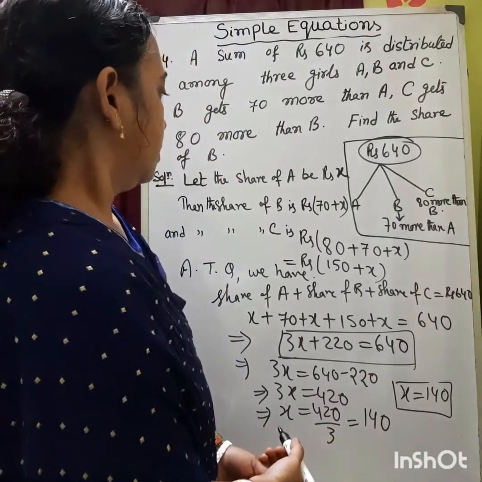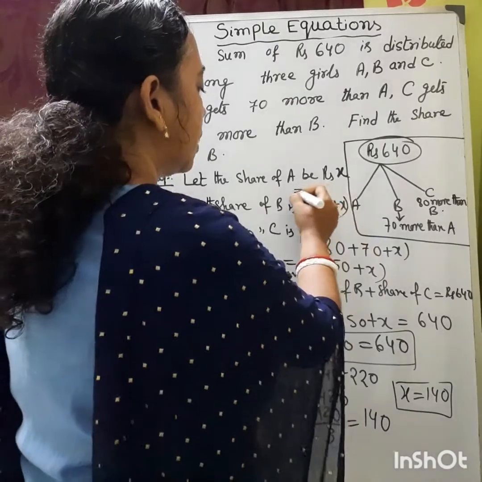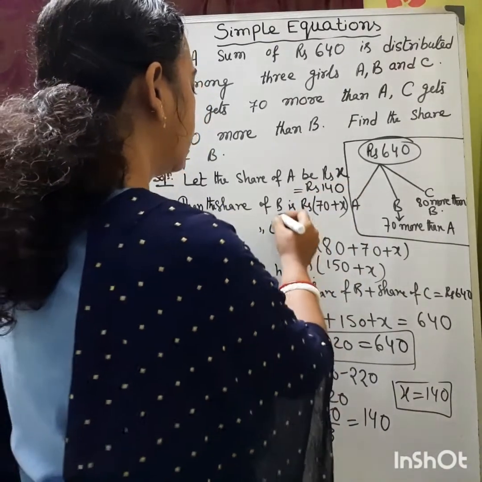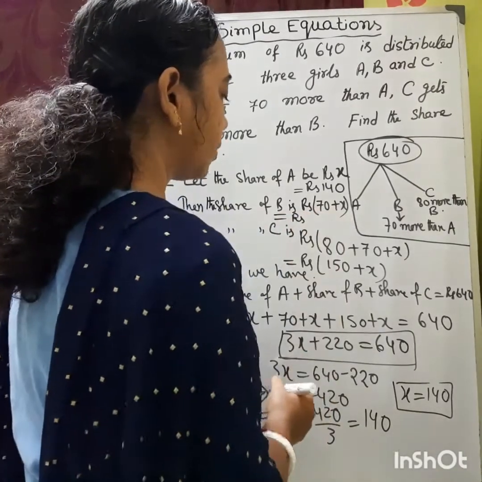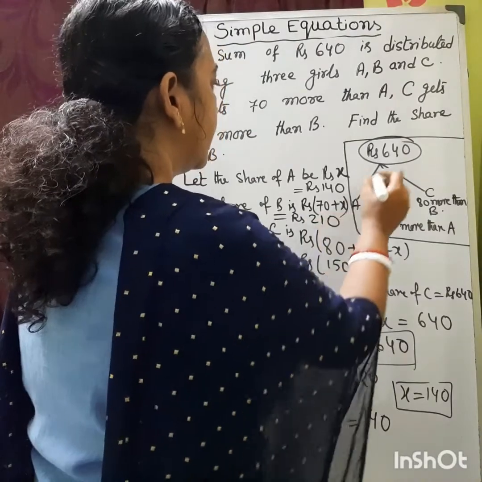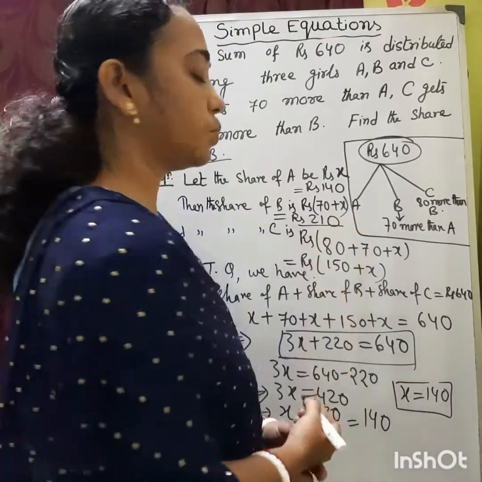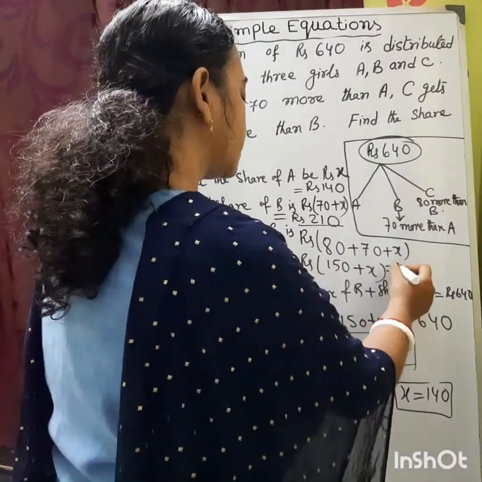So we can write here that the share of A is rupees how much? 140, because x is here 140. The share of B will be how much? Rupees 70 plus 140 becomes 210. In this question it is asked to find the share of B. So here we are getting rupees 210, which is the required share of B. And what is the share of C?